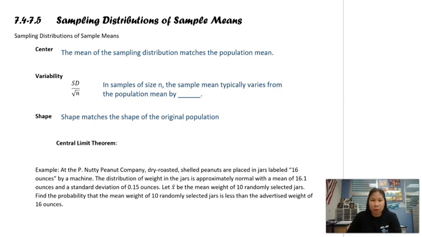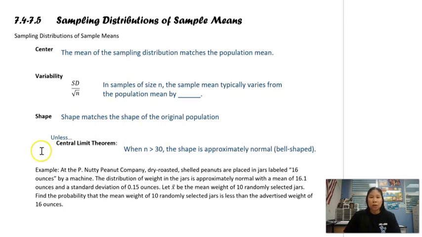P stood for the proportions, and we don't have proportions when we're dealing with means. So we can't use that rule, but we have the central limit theorem. The central limit theorem says when your sample size is big, and greater than 30 is how we define big, then the shape of the distribution is going to be approximately normal. So that bell-shaped curve, which is what we want because that's how we calculate our probabilities.